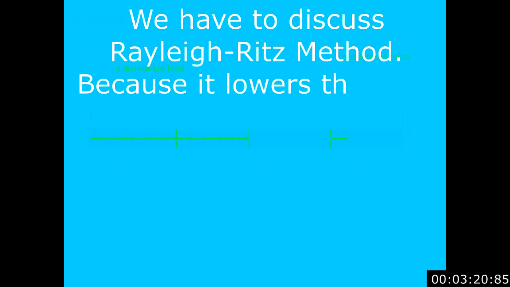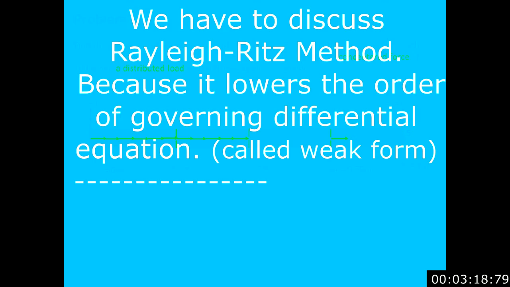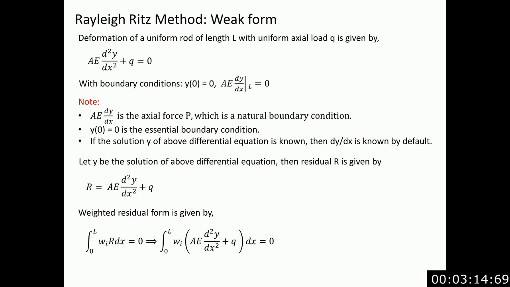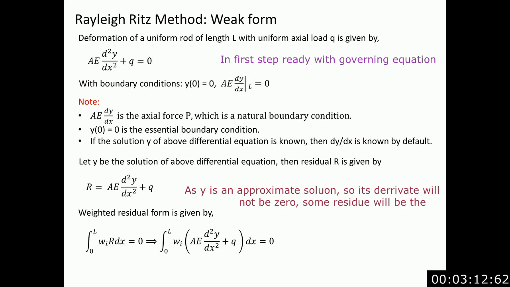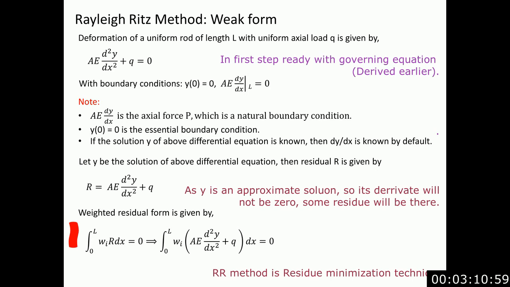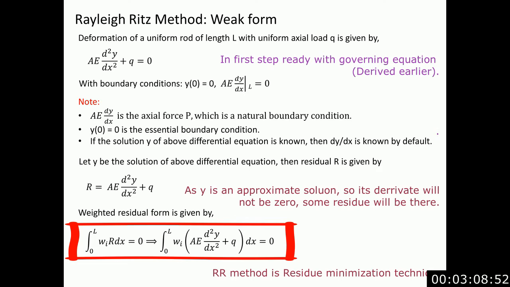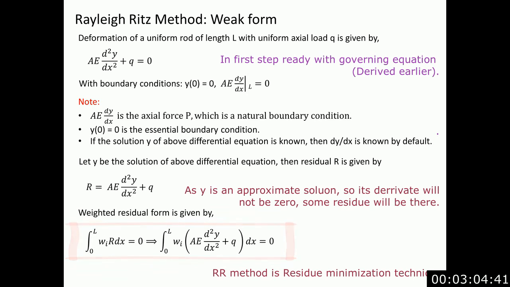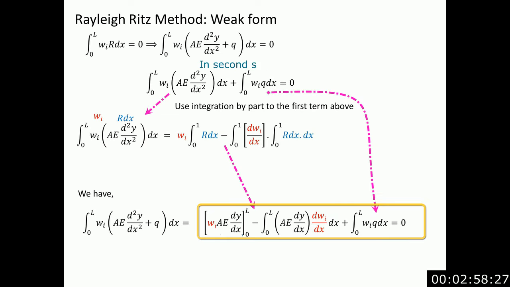Among the several weighted residue approaches, the Rayleigh-Ritz method is a popular approach. The Rayleigh-Ritz method minimizes the residue by equating the integral of the weighted residue form over the entire domain to 0. Here, the weights are the coefficients of the nodal displacement in the assumed trial function.